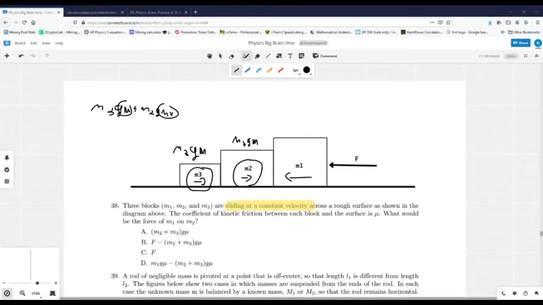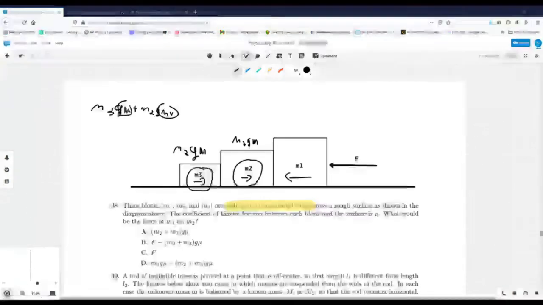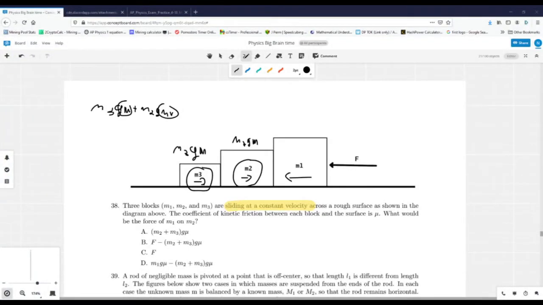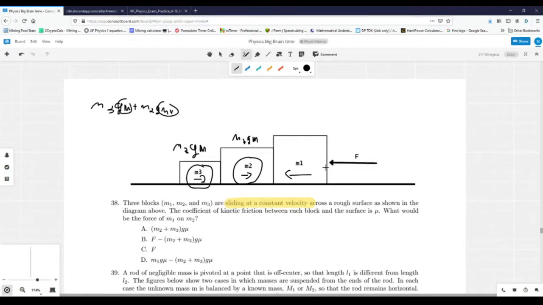Okay. So does anyone have any questions about why this question is the answer that it is? I understand the equations, but you made an arrow on M1 saying that it's going to be moving to the left along with the force. But then why would M3 and M2? So as the full system, there is this initial force here, right?